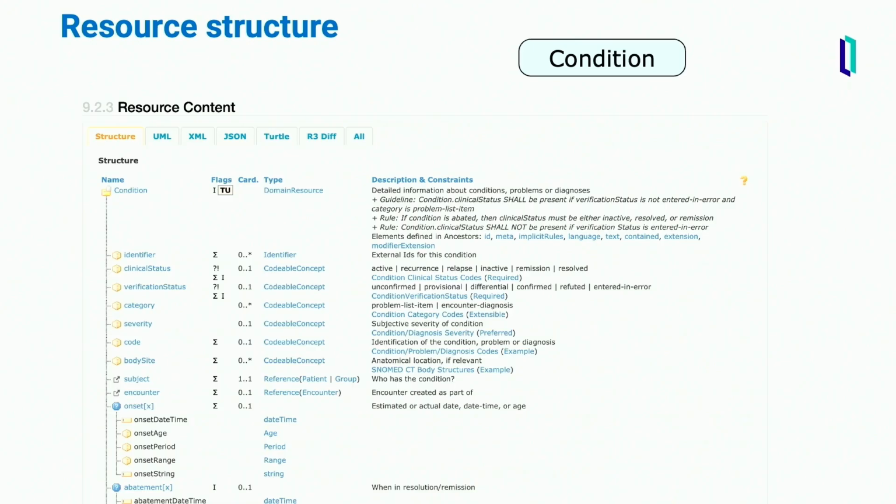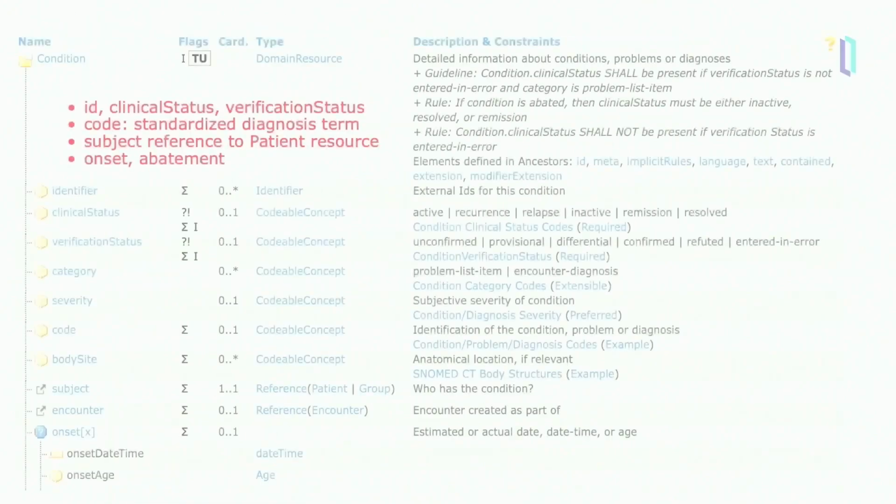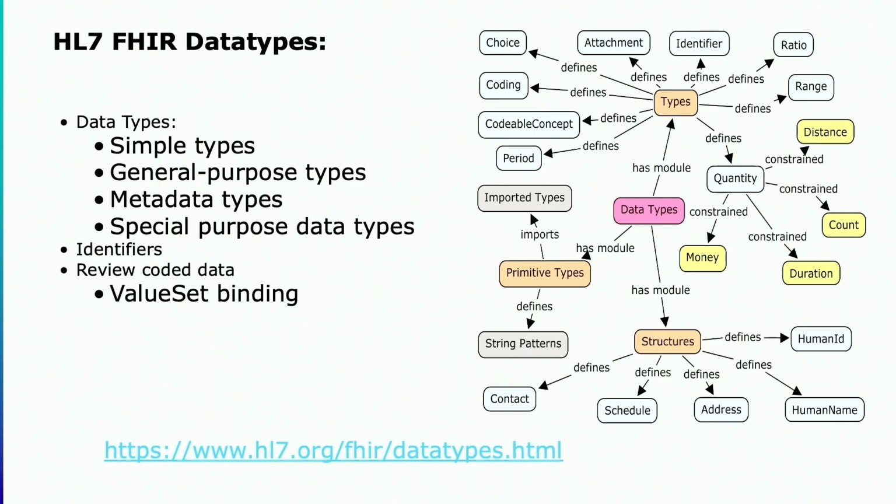Very important about FHIR: data types. Each data element in the FHIR specification has a data type, and it must be represented as that data type. That's part of interoperability. So there are many different data types. We won't go into detail.